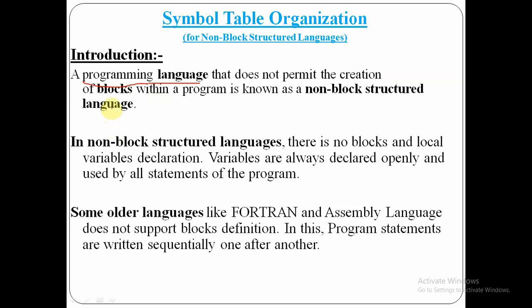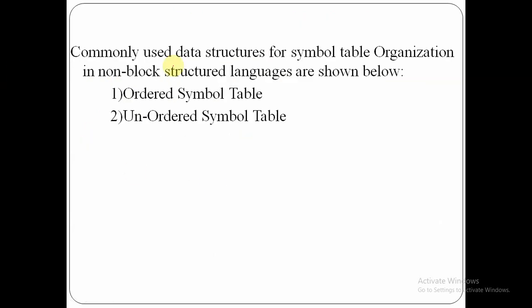That means no blocks creation, no local variables creation. Variables are declared openly and used by any statements in the program. Example languages include Fortran and assembly language programming. So commonly used data structures will be ordered symbol table and unordered symbol table.